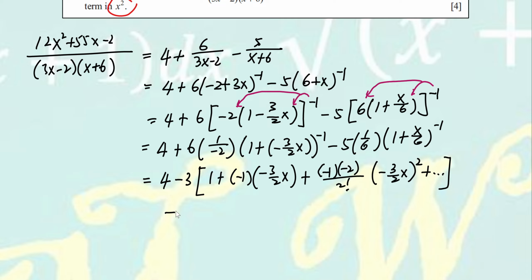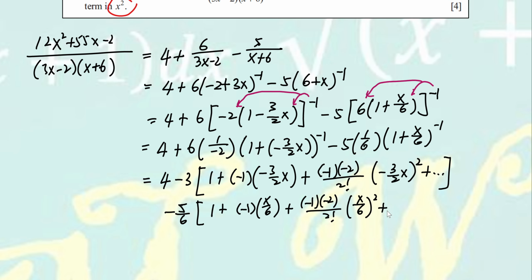Okay, then followed by minus 5 over 6. 1 plus n is minus 1, your x is x over 6. Plus n minus 1 over 2 factorial, x over 6 squared.